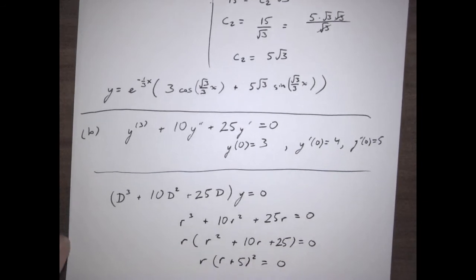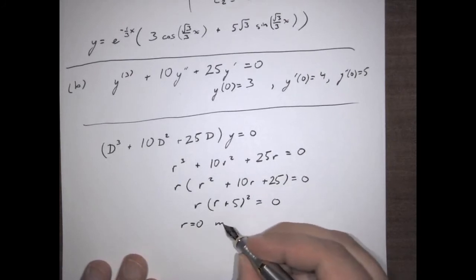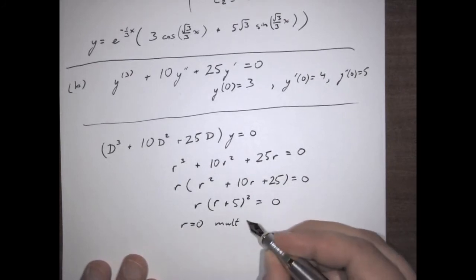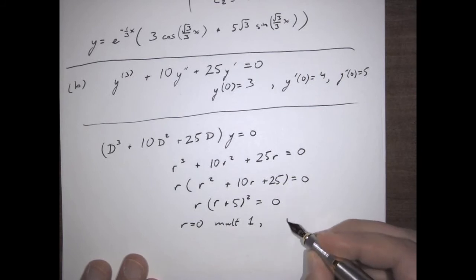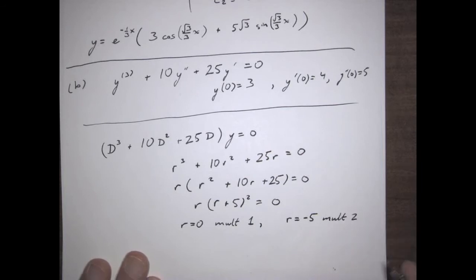Perfect square polynomial right in there, which gives us r equals 0, and that's a multiplicity 1. However, r equals negative 5 is going to be a root of multiplicity 2.